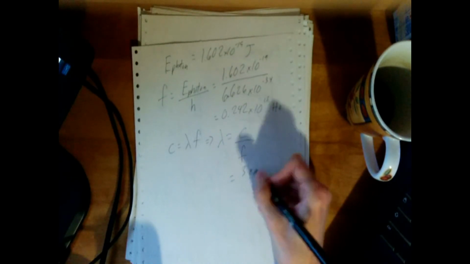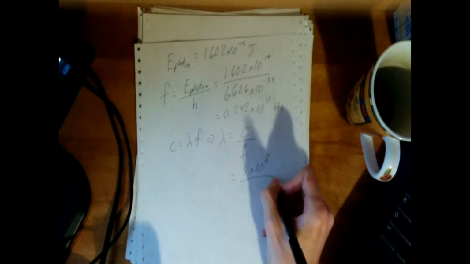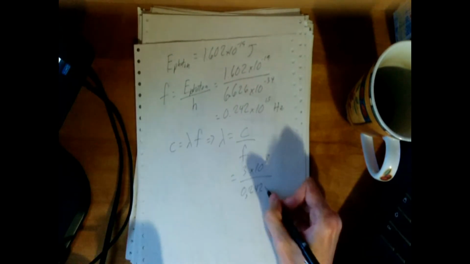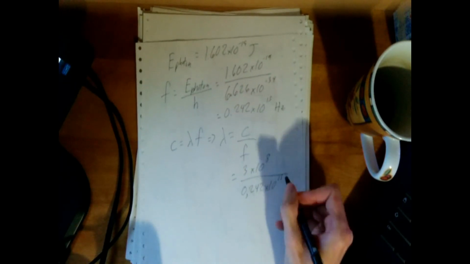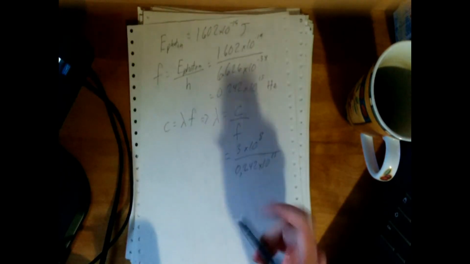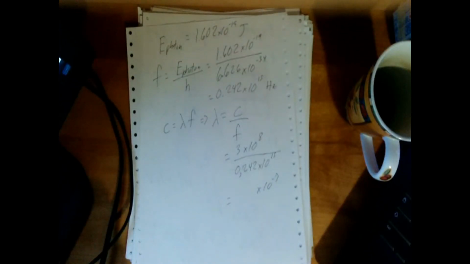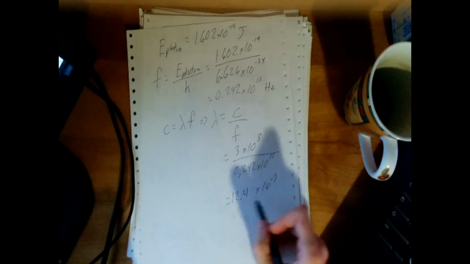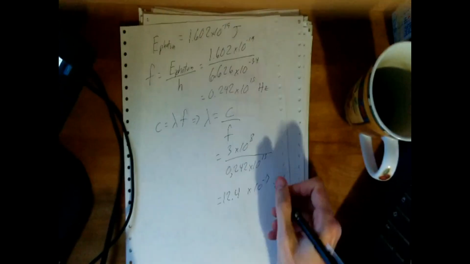This is 3 times 10 to the power 8 over what we found, times 10 to the power 15. So 8 minus 15 is minus 7. And 3 over what we had, 2.4, gives 1.24, so 12.4 times 10 to the minus 7 meters.